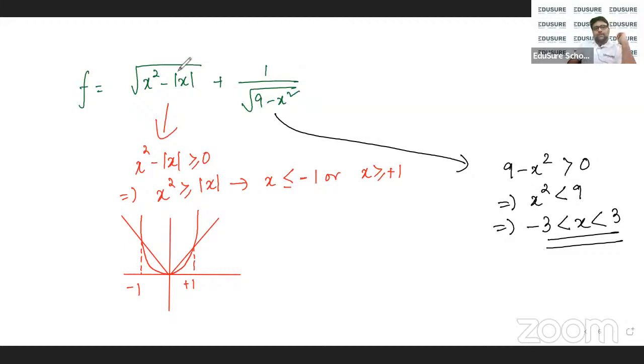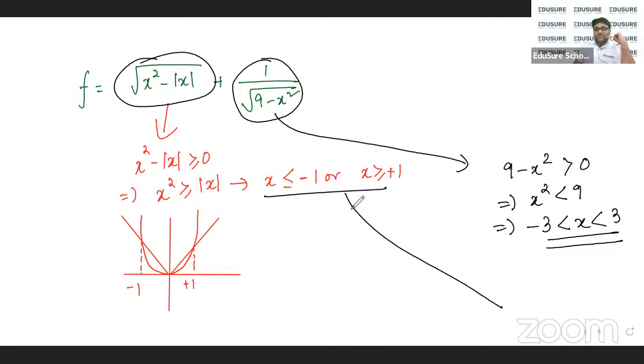So this should hold and this should hold. Therefore, x less than -1. Okay. So if I combine this and this, what do I get? Obviously, I need to take whatever is common between the two.